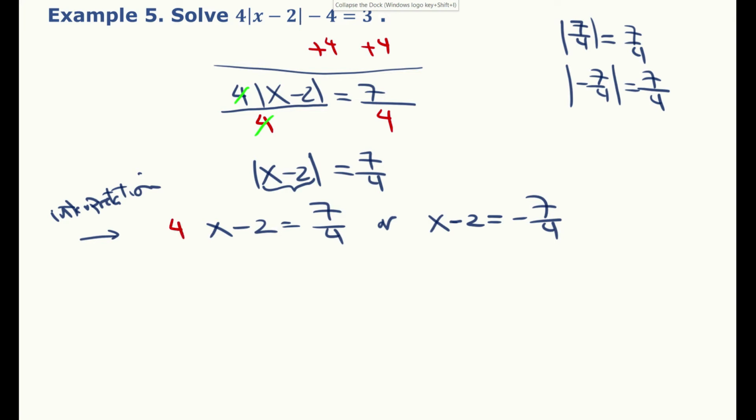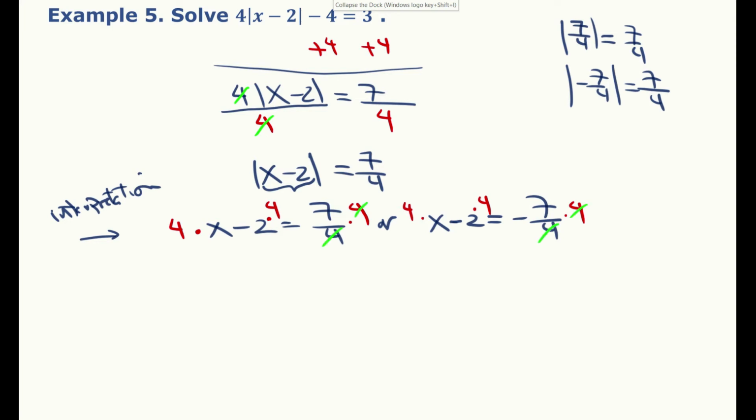And of course, when we do so, remember, we're going to have to distribute, right? So the easiest thing is just make sure each term gets multiplied by 4. And of course, we're going to do that to this equation as well. All right, so now notice that this 4 will cancel that 4, so will that one.